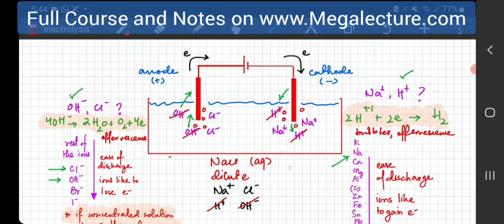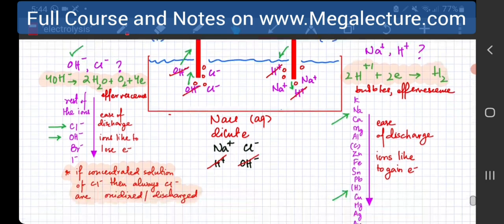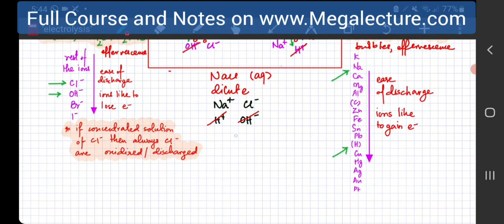And let's also talk about what's going to happen to the solution. Remember, I told you that the H plus one ions are gone and the OH ions are gone. Solution does not have H plus one or OH ions. So what's going to happen to your solution? Nothing will happen. You still have NaCl. I mean, you started off with Na plus one, Cl minus one ions. So it's basically water that's getting electrolyzed.